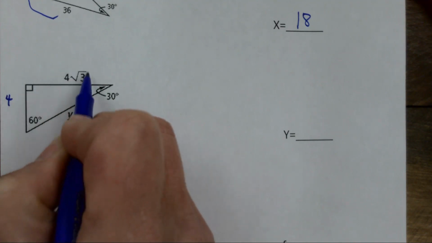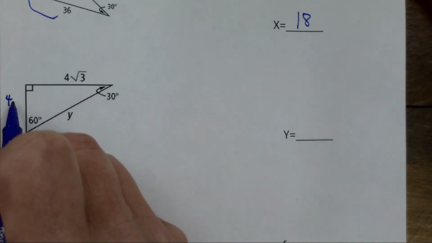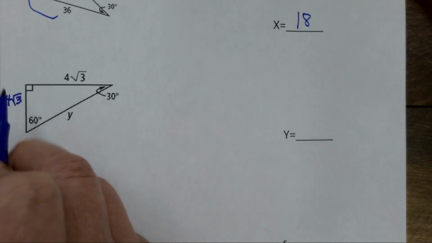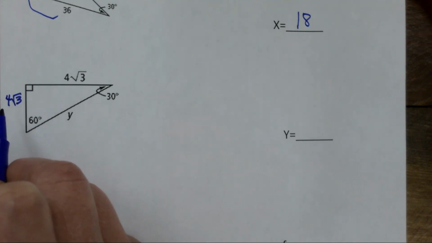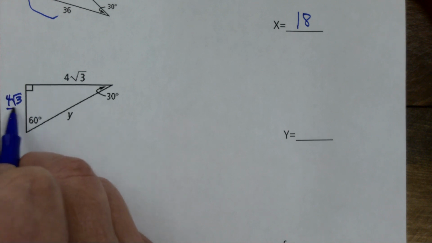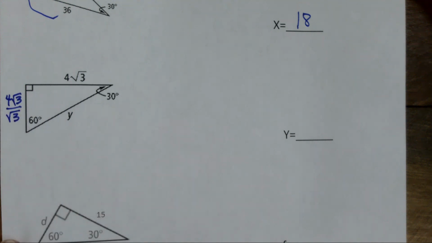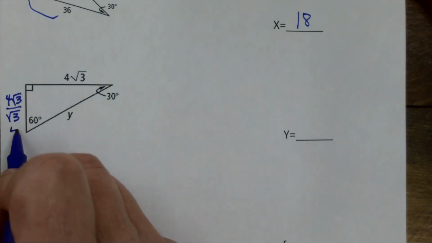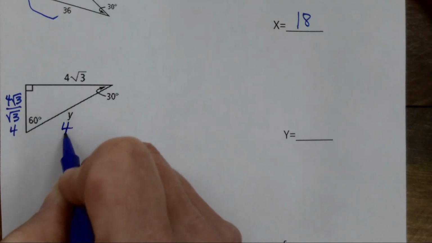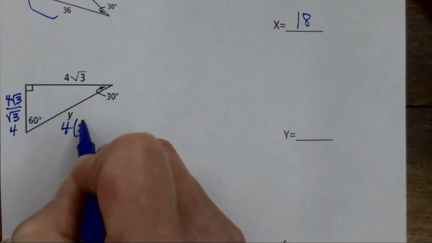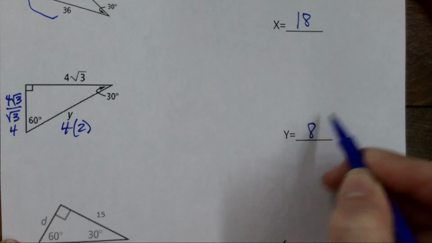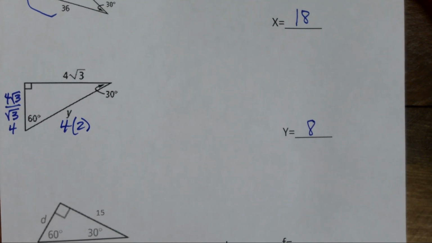Divide by the square root of 3. Making this one what? 4. Now I can take that and do what with it? Times it by 2. What's my answer? 8. Perfect. Sometimes I'm only going to have to find one side. Sometimes I'm going to have to do multiple steps to get there. Sometimes I'm going to be asked to find more than one side.